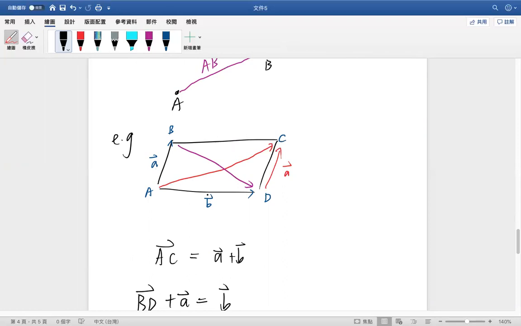But if we reverse the direction of A, then the new vector will be in the tip and tail situation with B, right?